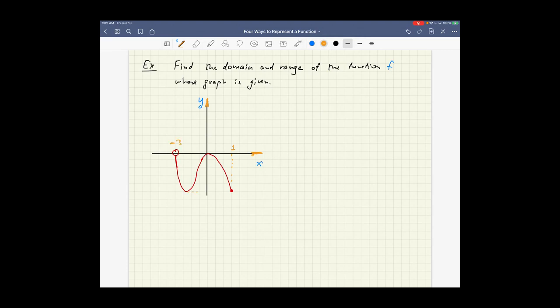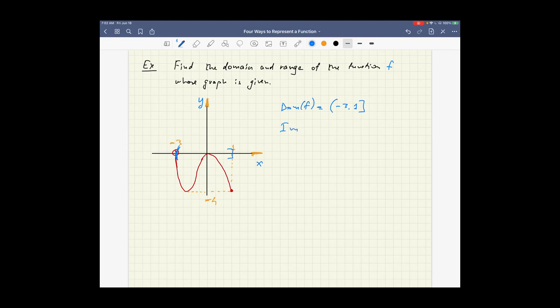And these two values here are -4. So by inspection, we can easily see that the domain of the function is the interval from -3 to 1, with 1 included and -3 excluded.